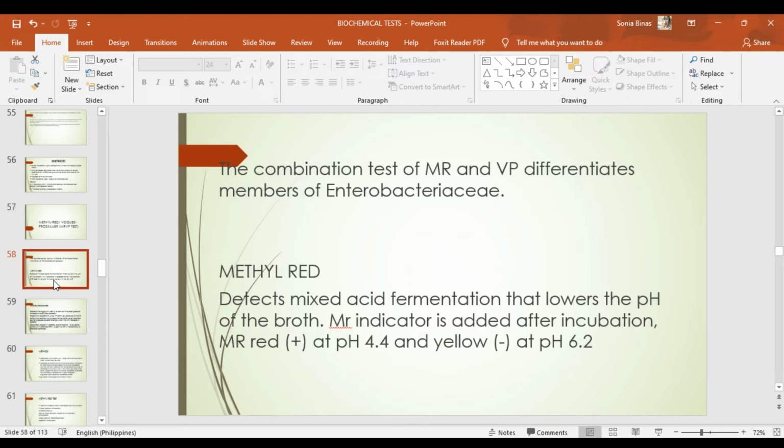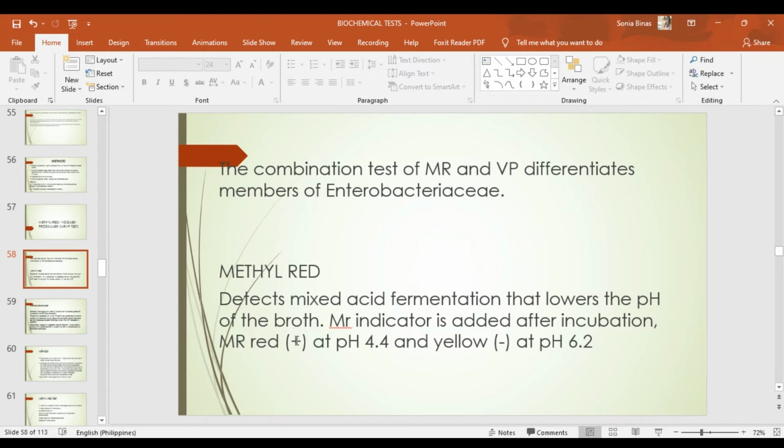So, the combination test of MR and VP differentiates the members of Enterobacteriaceae. Methyl red detects mixed acid fermentation that lowers the pH of the broth. Methyl red indicator is added after incubation.